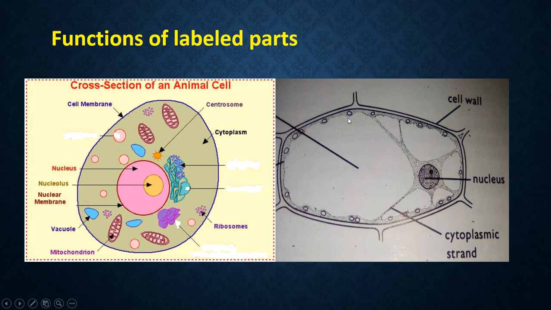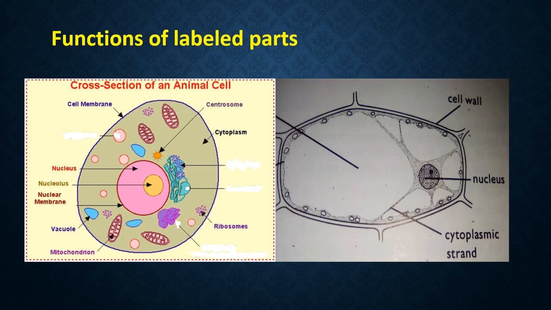Now in the vacuole here you have sap, so it stores sap, which is food for the plant. Okay, and here it stores also food for the animal. You also have the mitochondrion. We also have the mitochondrion here. Put them somewhere, put them there. These ones control respiration.